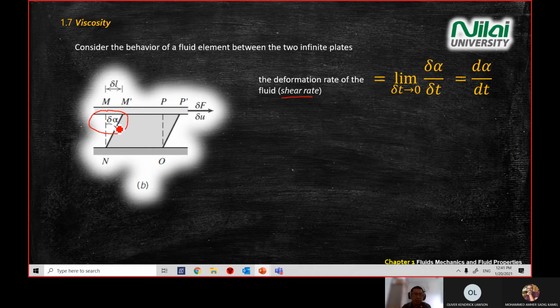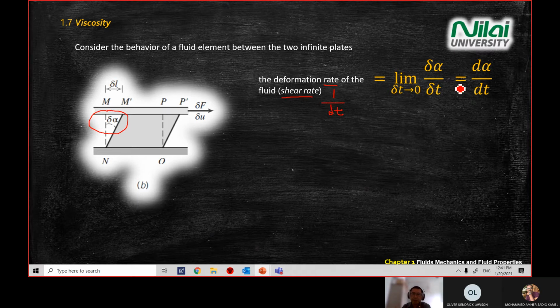You see the word rate here means something changes with t, or in mathematics you will see something over dt. It's a rate. So if you combine the wording shear rate or deformation rate, and you know that shear rate has to do with alpha, you write in mathematics del alpha divided by del t with the limit.